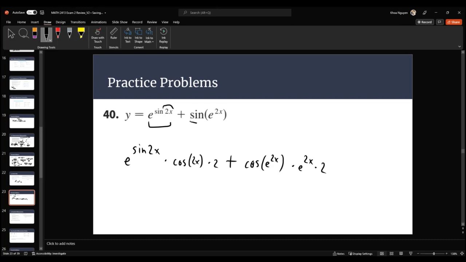At least the way I think about it, I go here, this guy, and then I do this guy, and then I do this guy. You can go in whatever order you want, as long as you're doing each of these individual parts. Some people like to start on the inside and then go bigger and bigger. But that's just personal preference. You just have to make sure that you're including everything.